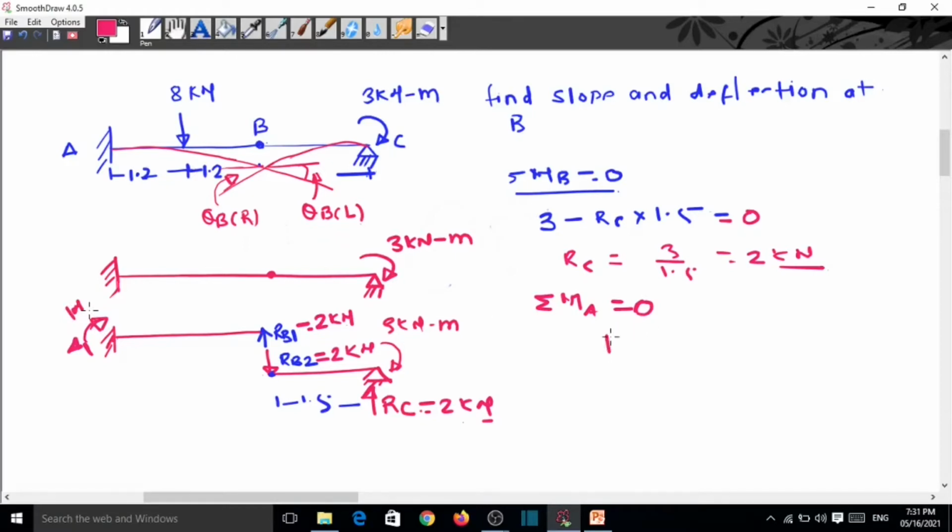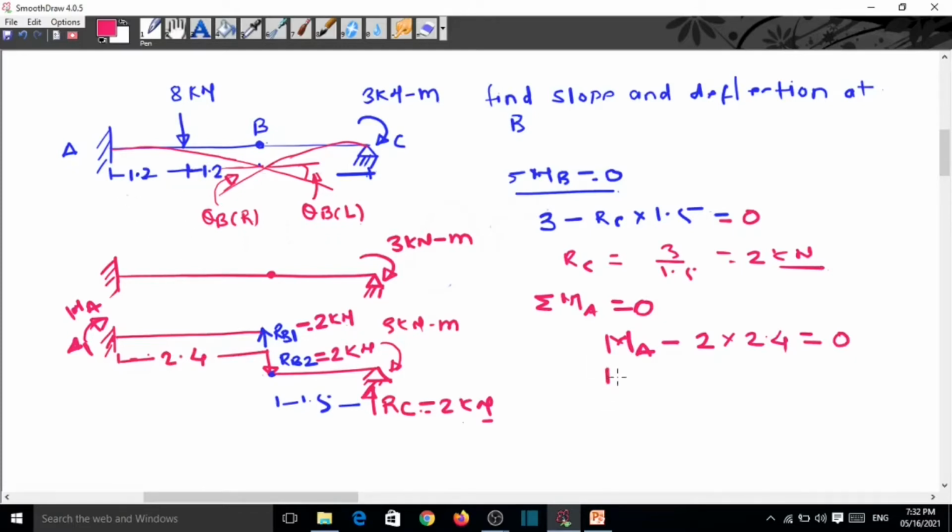So clockwise is positive here, anti-clockwise is minus, 2 into 2.4 is equal to 0, because this distance is 2.4, 1.2 and 1.2.